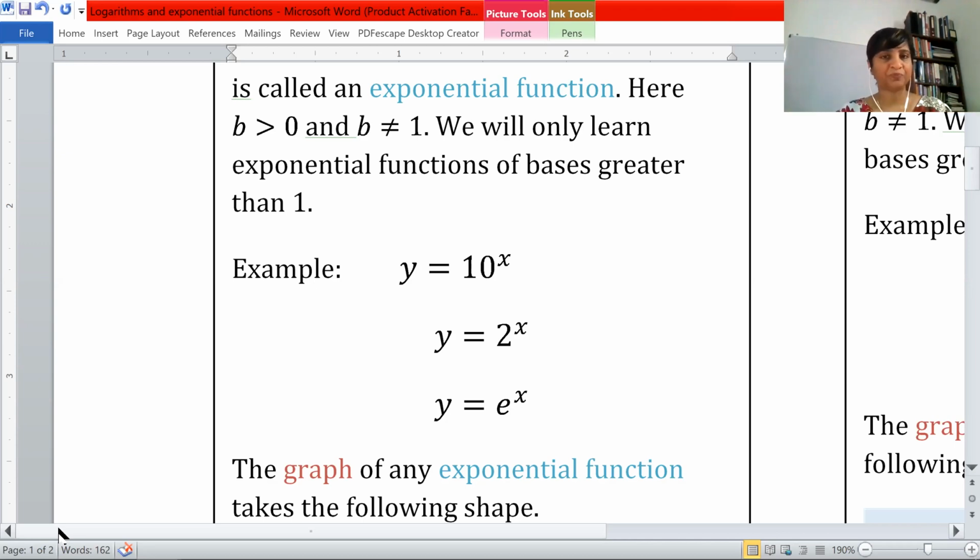Just like that, for any exponential function, there is a basic shape. All exponential functions with base greater than 1 have this shape. Before I show you, does anyone know what's the shape of the graph of the exponential function?